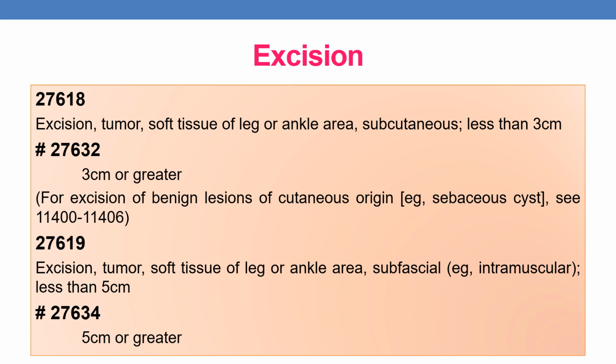The next CPT is 27619. It deals with excision, tumor, soft tissue of leg or ankle area, subfascial, less than 5 centimeters. If the tumor size is 5 centimeters or greater, then the CPT is 27634. This is also out of numerical sequence.